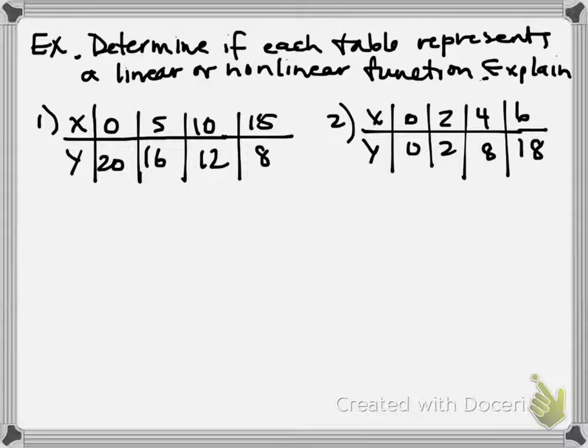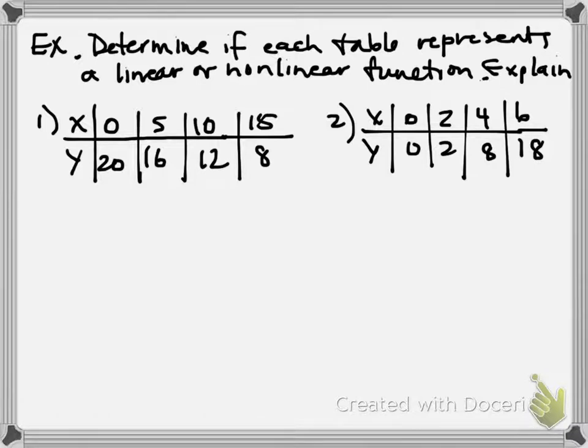In the second one, our ordered pairs are (0, 0), (2, 2), (4, 8), (6, 18). So, without graphing, check out the rate of change and see if you have a constant one or not. When you explain, something about that rate of change is going to be part of your explanation, whether you determine you have a linear function or a nonlinear function.